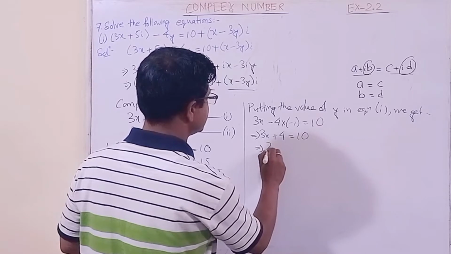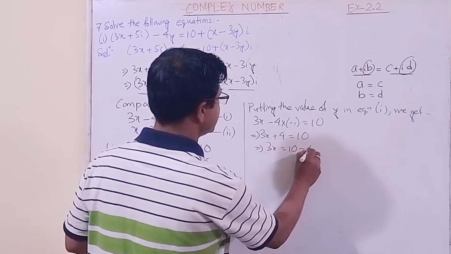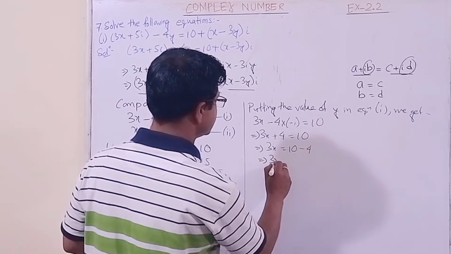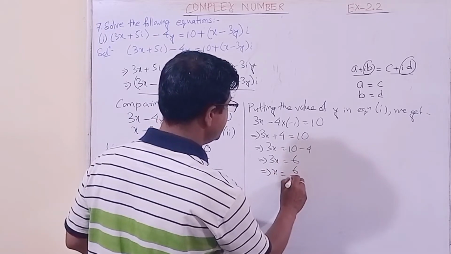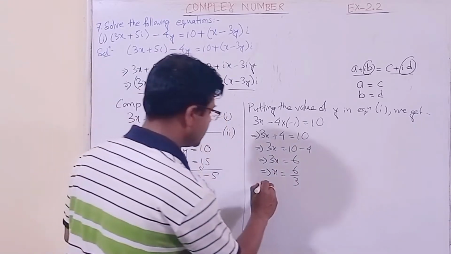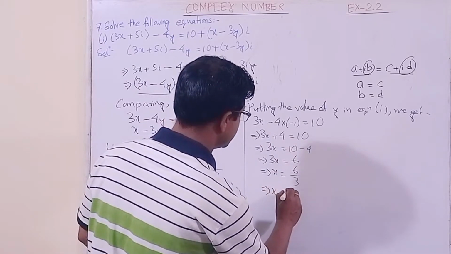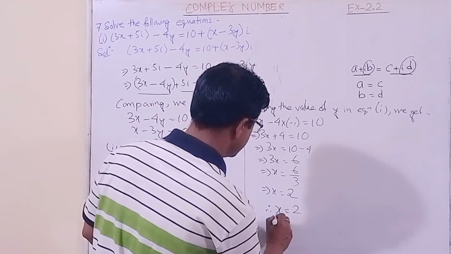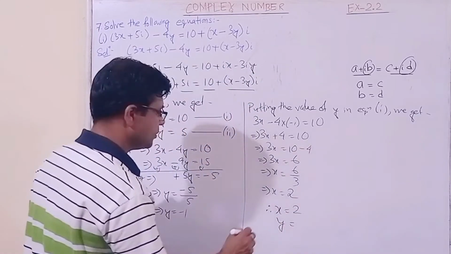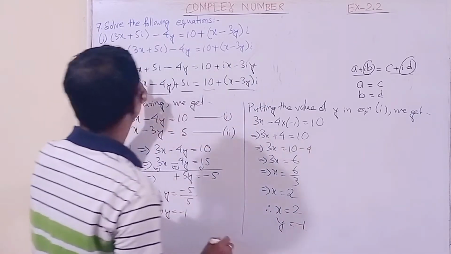So 3x will be 10 minus 4. So 3x is equal to 6, so x is going to be 6 by 3, which is 2. Therefore, x equal to 2 and y is equal to minus 1. In this way, we have solved the first question.